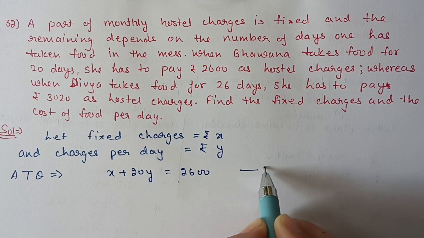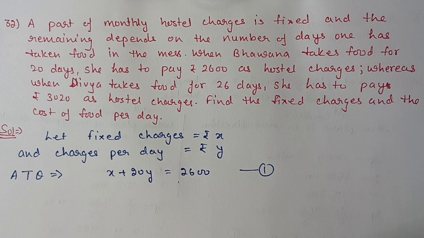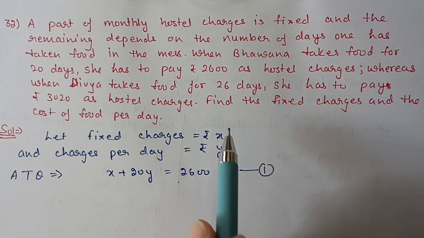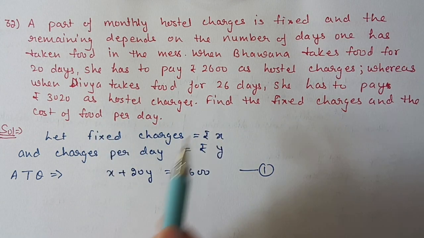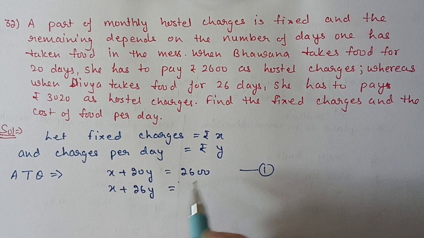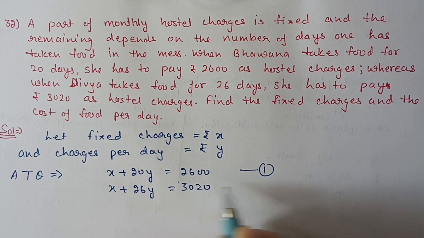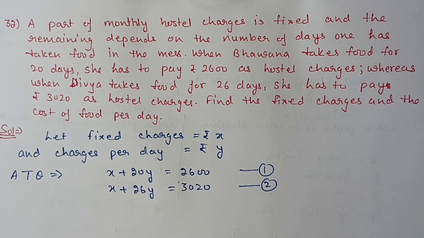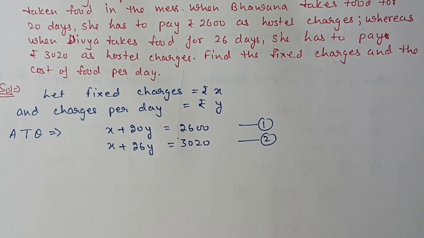So this is our first equation. Now for Divya, she is paying for 26 days. So the fixed charge she will also pay, and for 26 days it means 26y, and her total payment is 3020 rupees. This is the second equation.